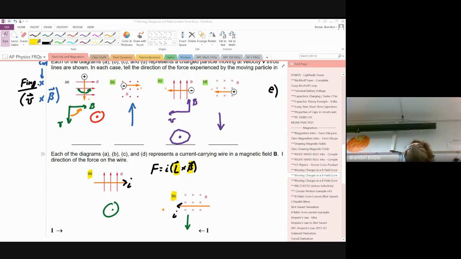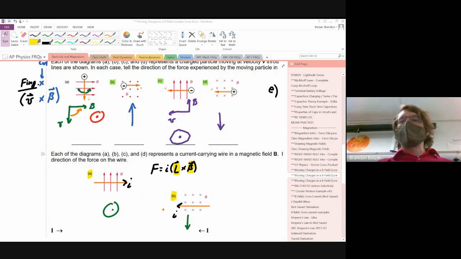Some of these you can do. This one, I haven't taught you yet, so skip it. This one you can do, though. You have a wire in between two magnets. This is the direction inward on the page of the force. What direction is the current flowing?